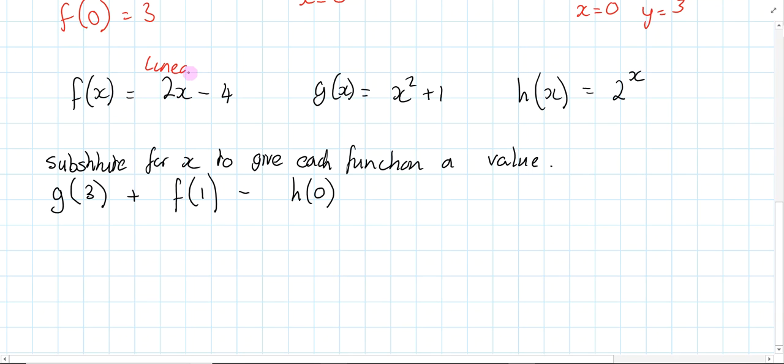Okay? So just for vocab's sake, this kind of function is a what function? So that was a linear. This one is a quadratic. And this is an exponential. Why is this one not an exponential, but this one is?